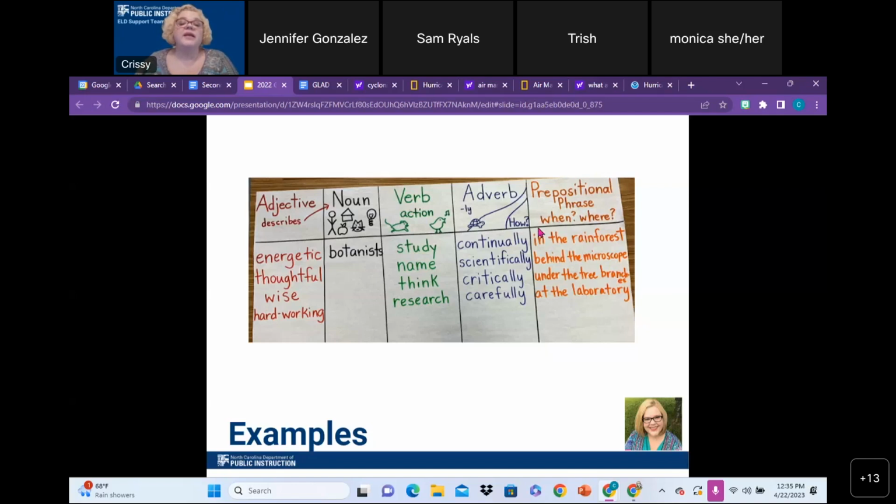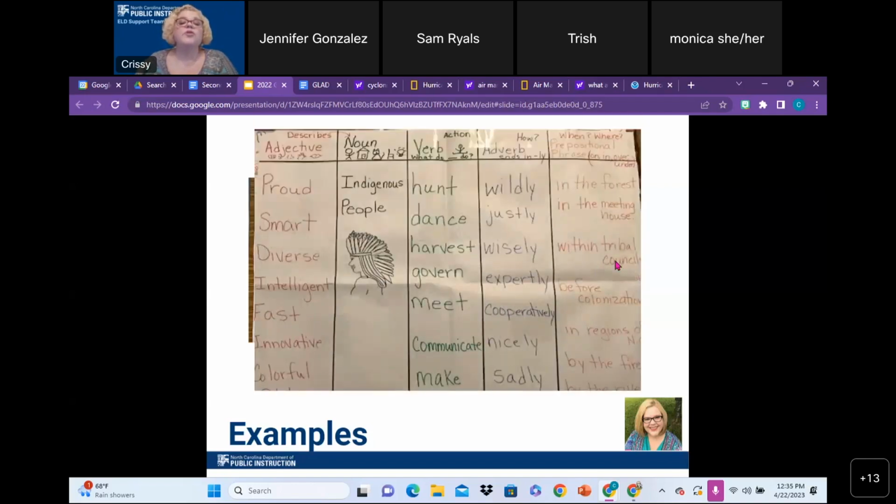This is an example of one for Laura's. Here's one for my Indigenous people unit. You can see it's common sometimes for sketches to accompany the sentence patterning chart. If there's a vocabulary word that someone shares that gets placed up there, like diverse, that maybe students might not know, a quick sketch there will help them understand it better.